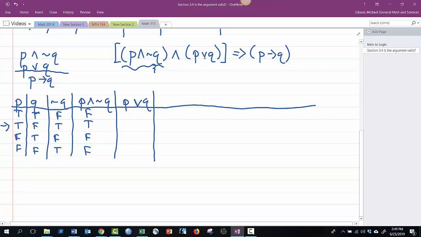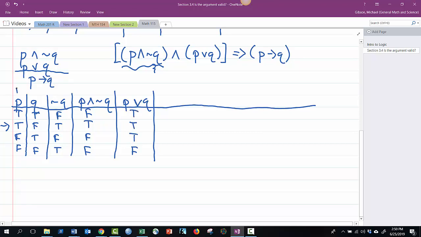P or Q is true, except when they're both false. So P and Q, are these ever both false? Yes, they're only both false in that last row, right? And so it's going to be true everywhere else.